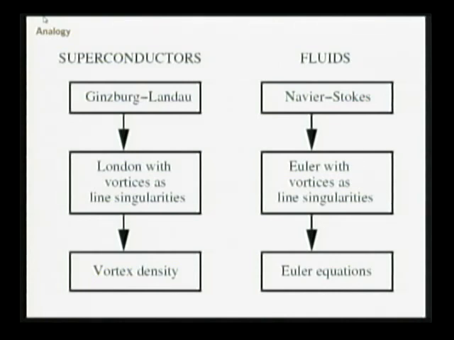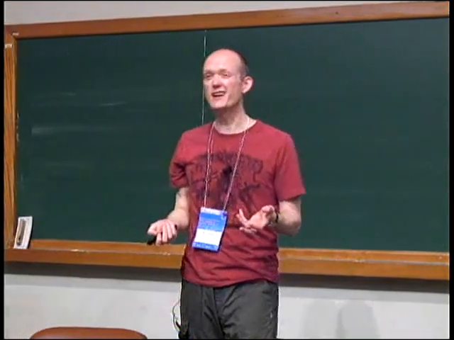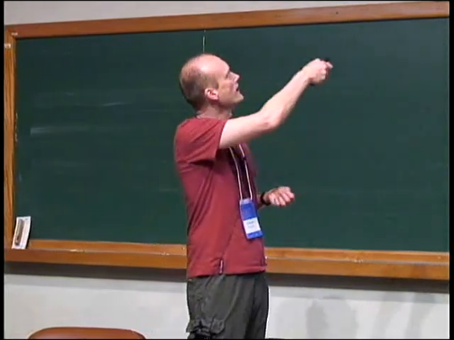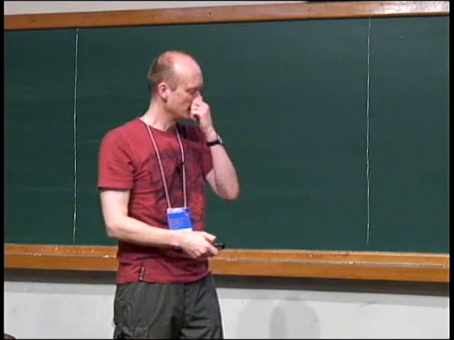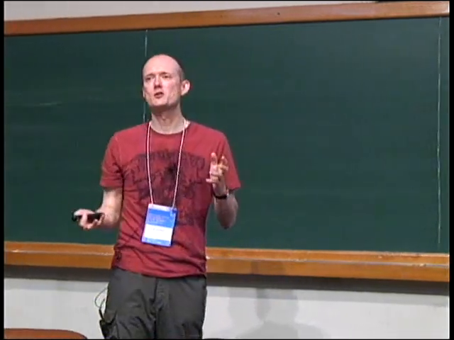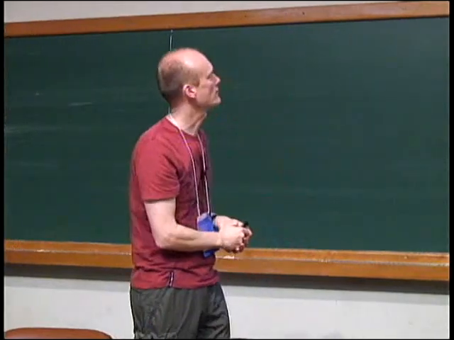And the regularization that I have on the superconducting side is the Ginzburg-Landau equation, which tells me, all right, here I've got a line singularity. How do I regularize that? What happens when I really look at the vortex core? I've got the nice Ginzburg-Landau model sitting there underneath, which describes the structure of the vortex core, and I've been able to work out how vortices move and all sorts of things from it.